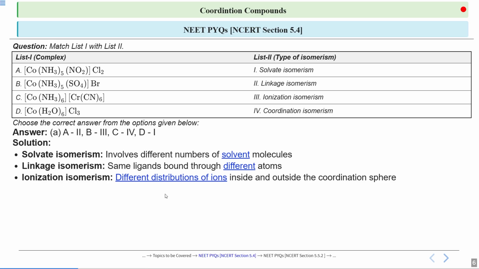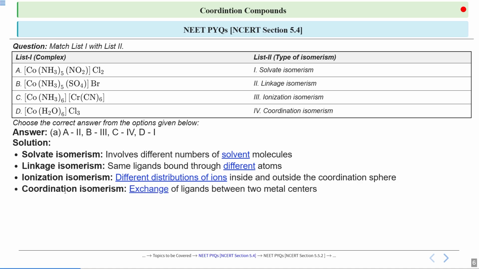Particularly note that here we are talking about ions in ionization isomerism. When we have different distributions of ions inside and outside the coordination sphere in two coordination compounds, then they both exhibit ionization isomerism.